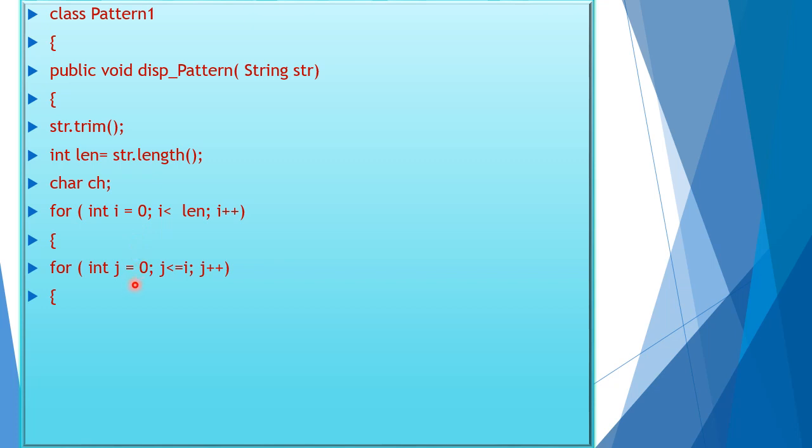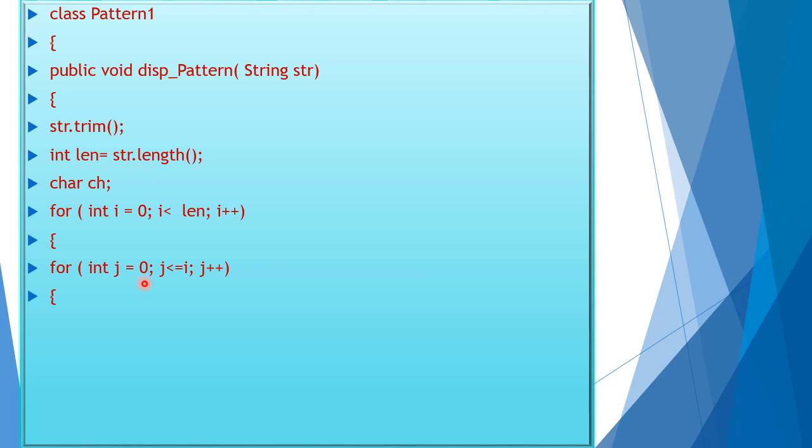Let us see the working of the inner loop. Inner loop, as you know, stands for the number of columns. See, first when i takes the value 0, j takes the values from 0 to 0. That means only one time the inner loop will be executed first, because in the first row only one column is there.